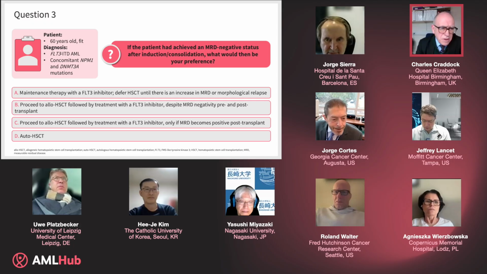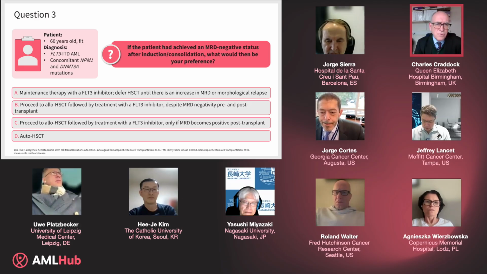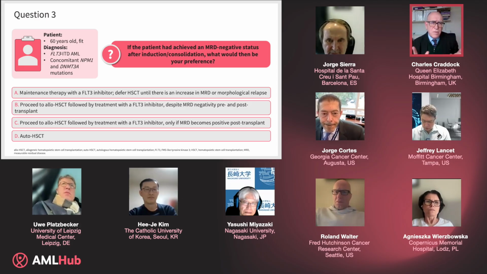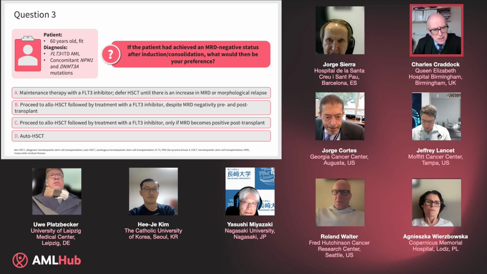So if we had a good fit patient with a good donor, we would be inclined to say that the standard of care is still transplant, and we're lacking evidence where we can confidently defer. Although I agree with you, Uwe, there are patients who may wish to take that approach, or in whom you don't have a great donor, or they're not so fit, in which MRD is helpful in making a decision not to transplant. So maybe the last question now.